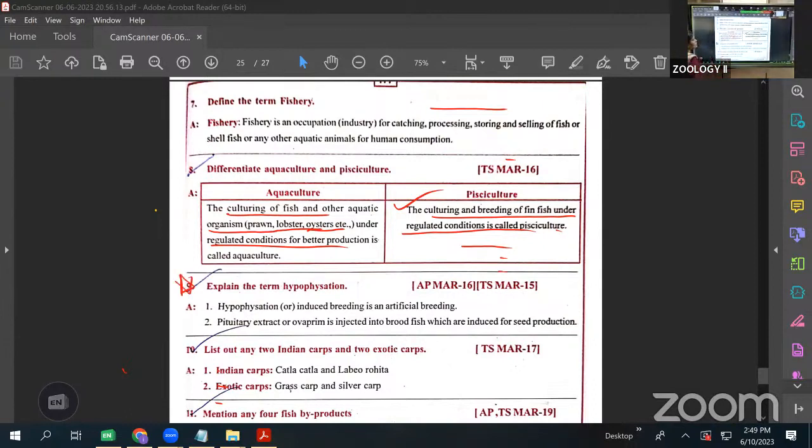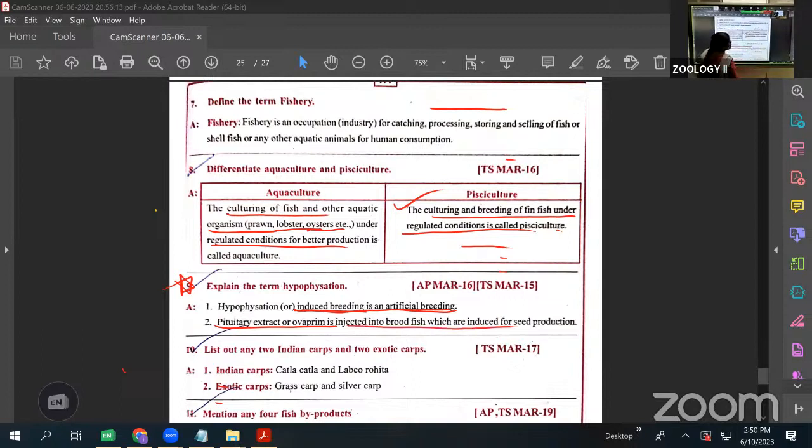Very, very important question. This one is a VSAQ. Explain the term hypophysation. It is induced breeding, or artificial breeding. Here we take the pituitary extract or ovaprim and inject it into the brood fish.